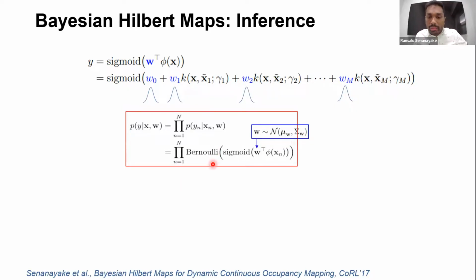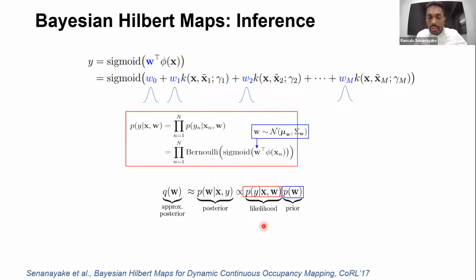We have a Bernoulli likelihood, some Gaussian prior, but the posterior becomes intractable because of the Bernoulli likelihood, and we have to resort to some approximation algorithms. We can do that using variational inference for faster results, or for better results, you could do MCMC or your favorite inference algorithm.